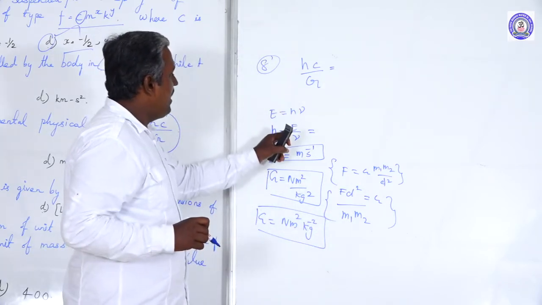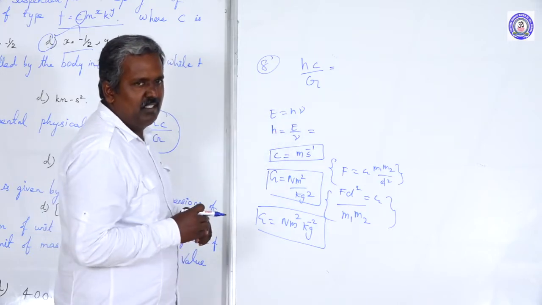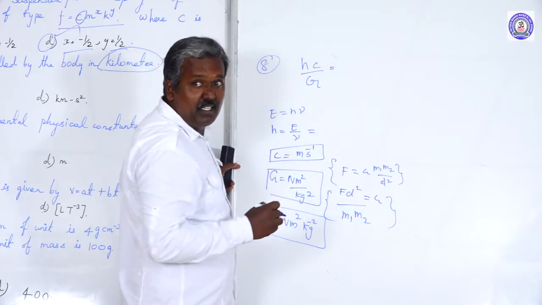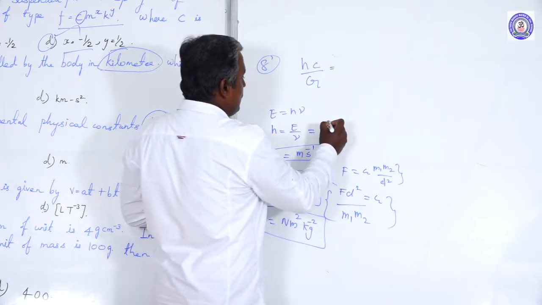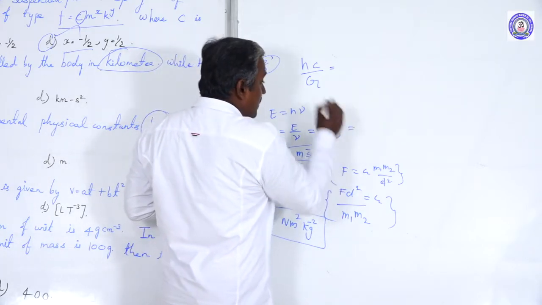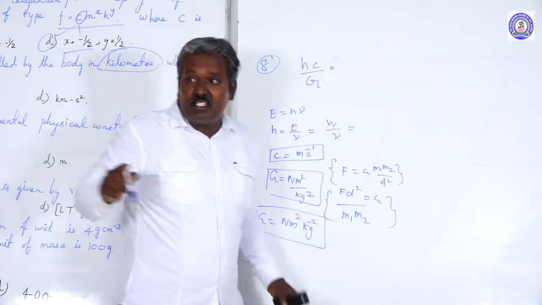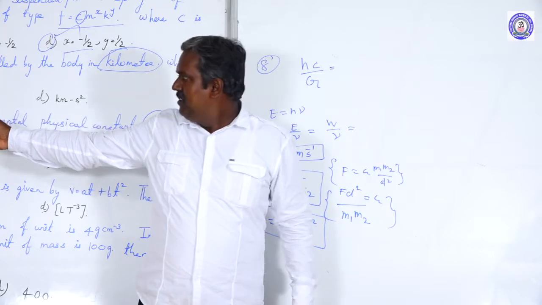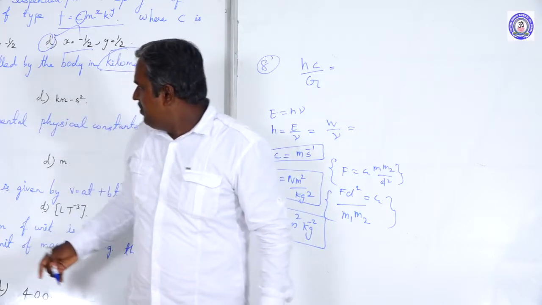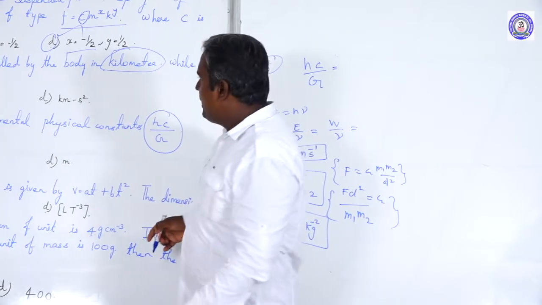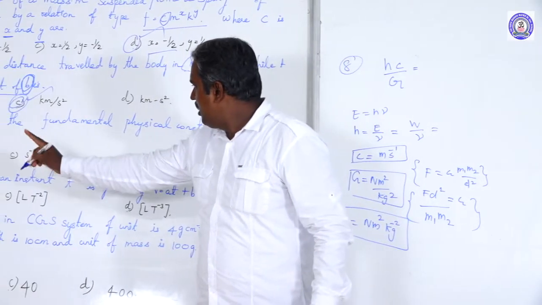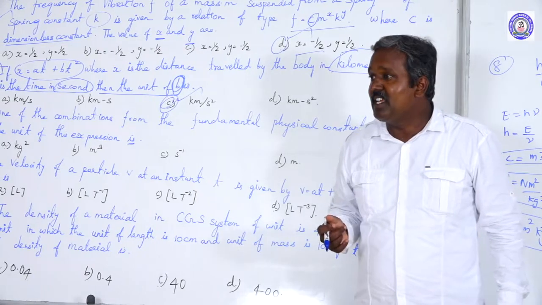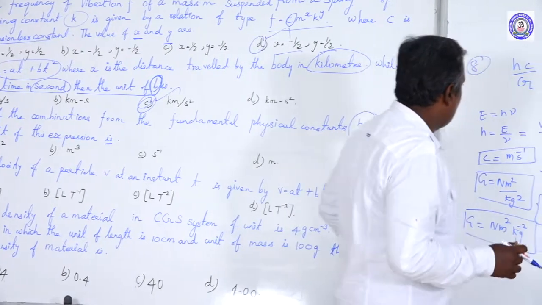How do you write the unit for h? Energy per frequency, no? Energy is equal to work done, correct or not? Work done over frequency. See here, question number 8 is given in kilogram, meter, second. So we must convert into SI unit, MKS system.